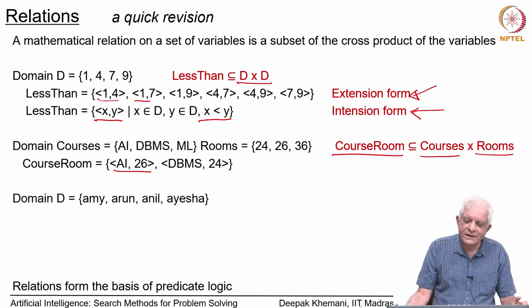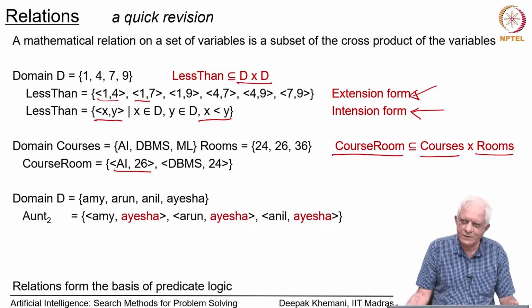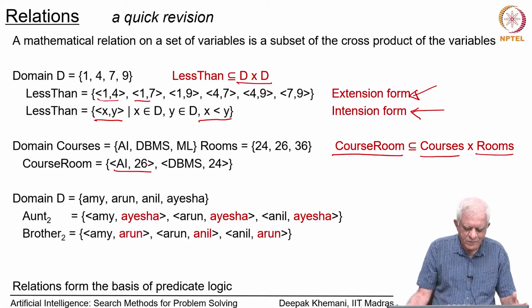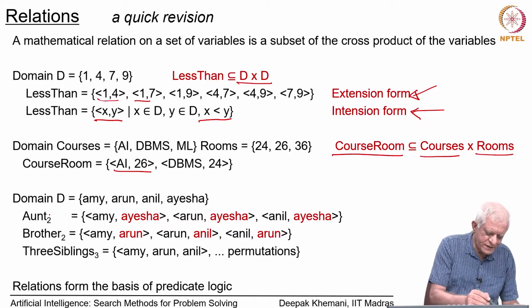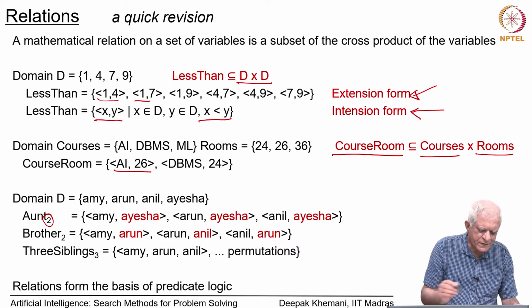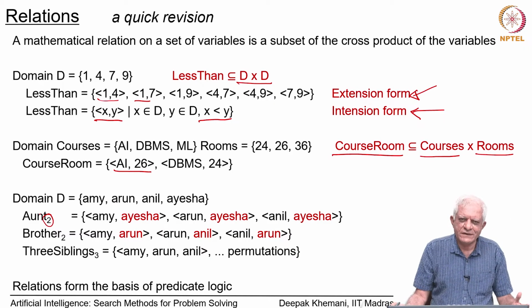Here is another domain, which is the domain of human beings. There are 4 humans here, Amy, Arun, Anil and Aisha, and there are 3 relations shown here. The first one is aunt, and if you see this number 2 here, that number 2 is the arity of the relation.